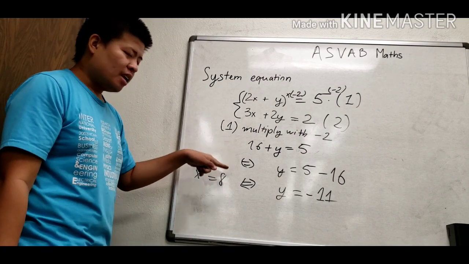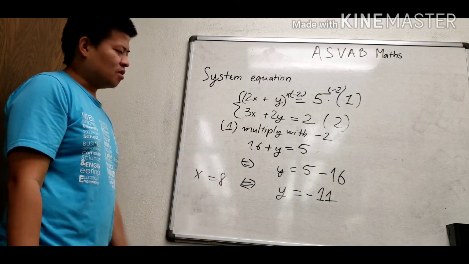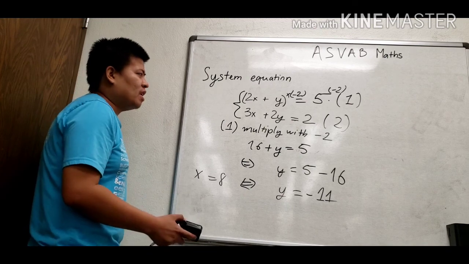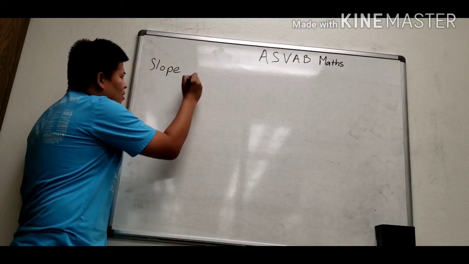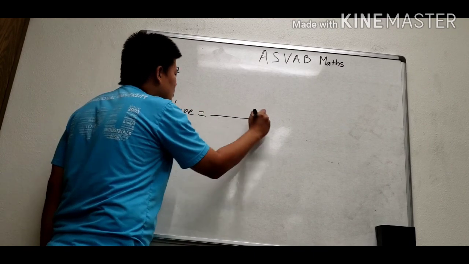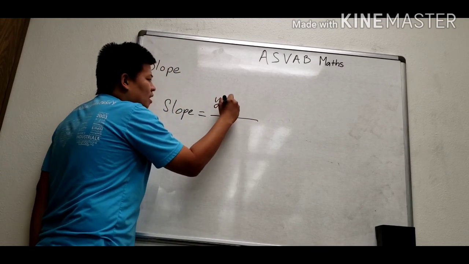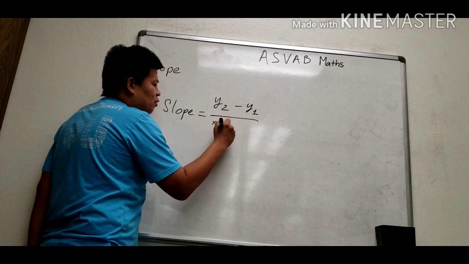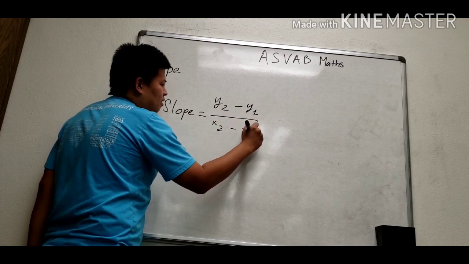So that's the way we solve the equations step by step in here, and that's why we learn how to do the system in the ASVAB. Slope, we have the formula: y2 minus y1 over x2 minus x1.